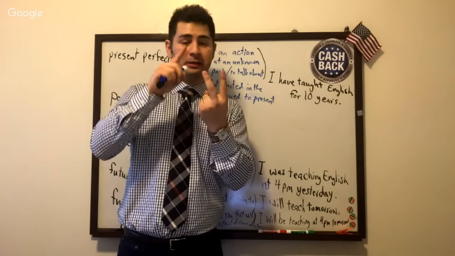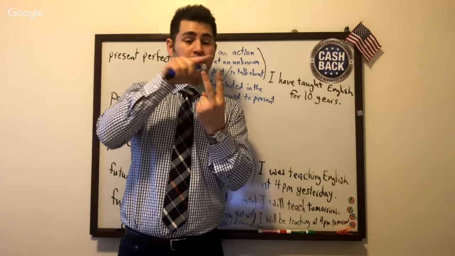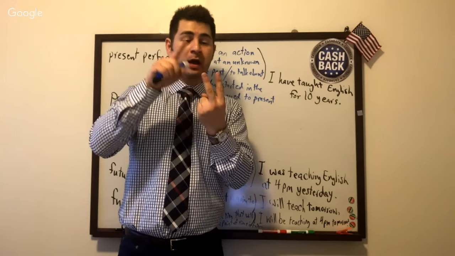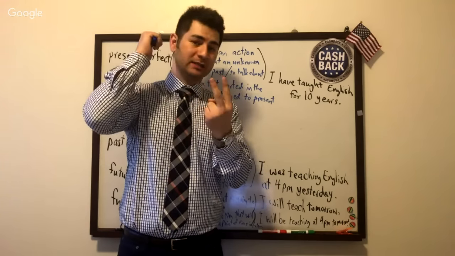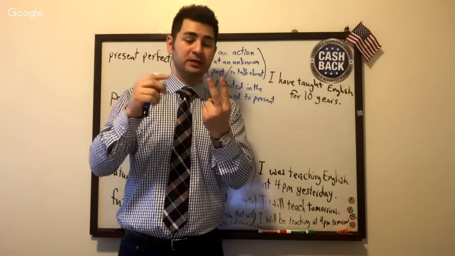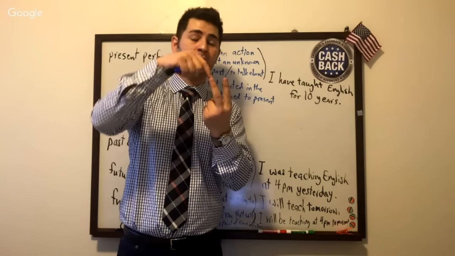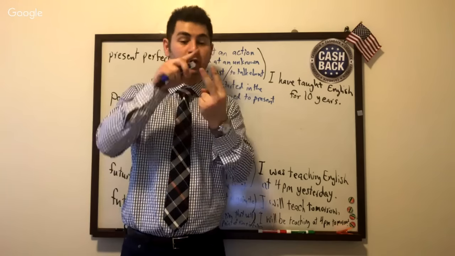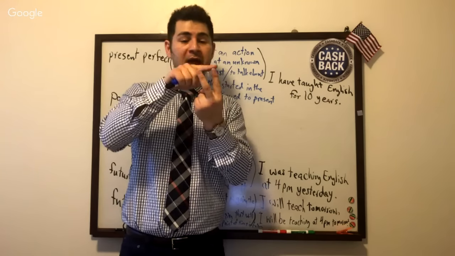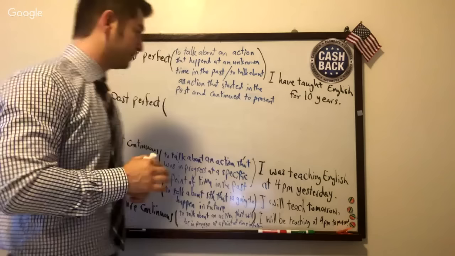Here's the important element number one. Here's the second important element. Both actions happened in the past. One action happens before another action. So you're not talking about two actions that happen at the same time, but one happening before the other action.